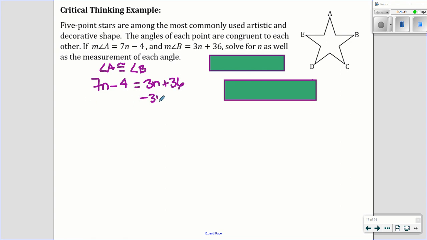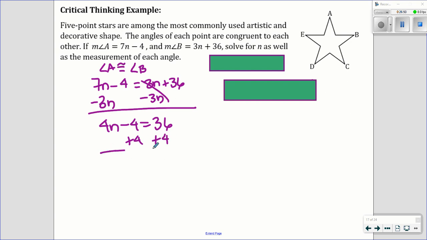Then you just solve for n. So that'll be, and you add 4n equals 40, divide by 4. So n equals 10. And now you need to find out what the measurements are. So you found the first one. Now you need to find out which one of them.